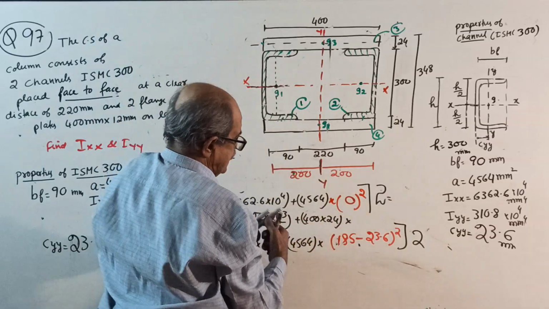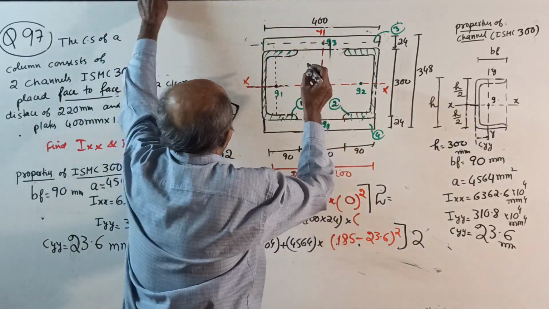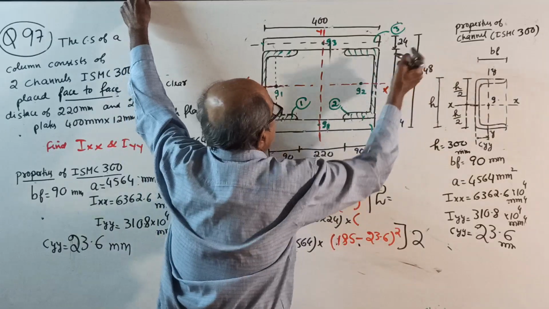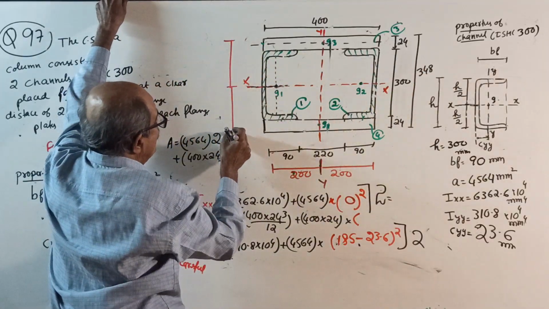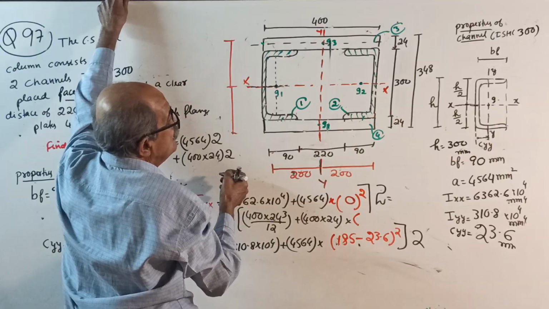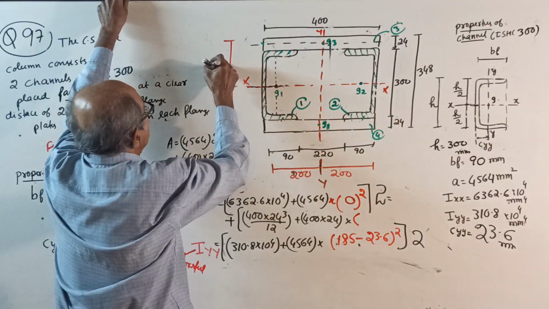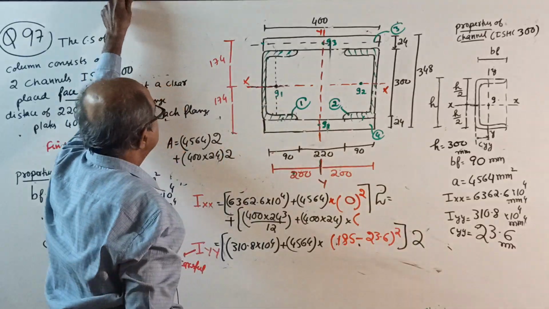into distance required. I forgot right here, if it is 348, each of these extreme distances will be how much? 348 by 2 is 150 plus 24, 174. Correct? Yes, 174.